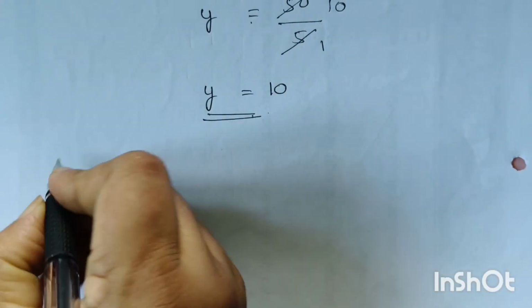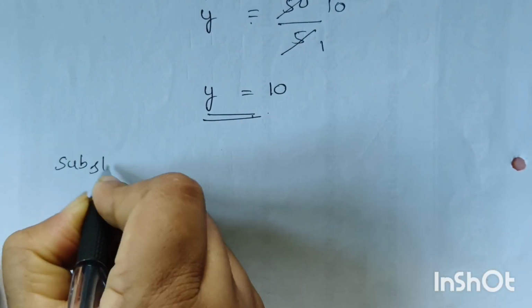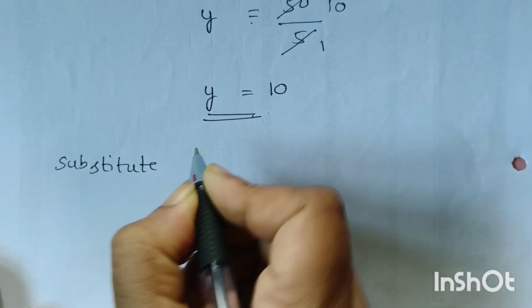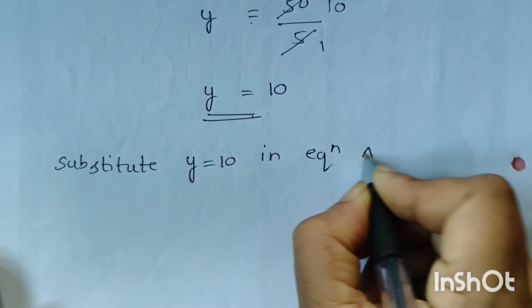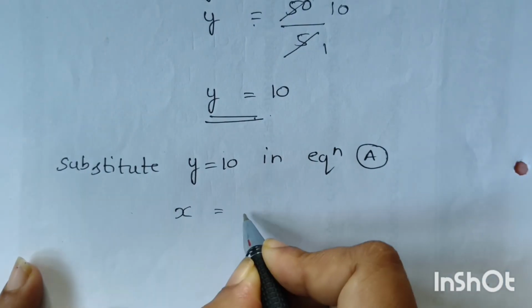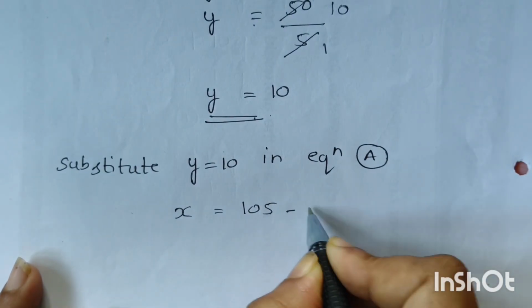Okay. Substitute y is equal to 10 in equation A. That is x is equal to 105 minus 10 into y.